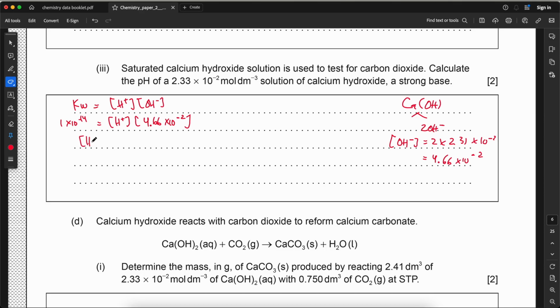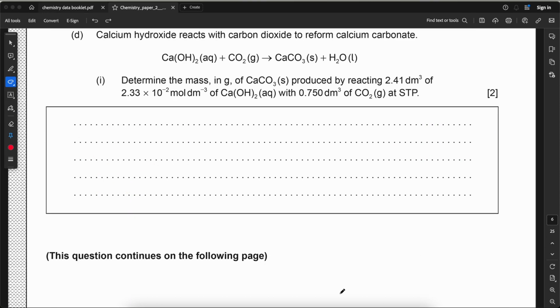You get H plus, which is 2.15 times 10 to the power negative 13, and pH will be negative log 2.15 times 10 to the power negative 13, which is 12.668.